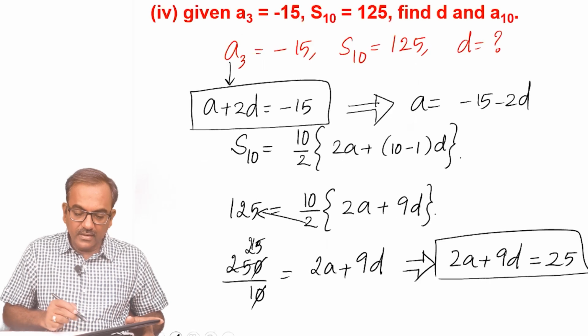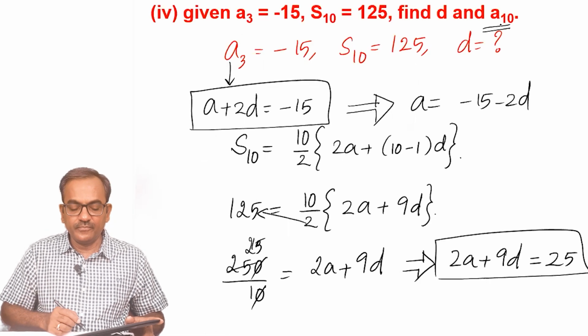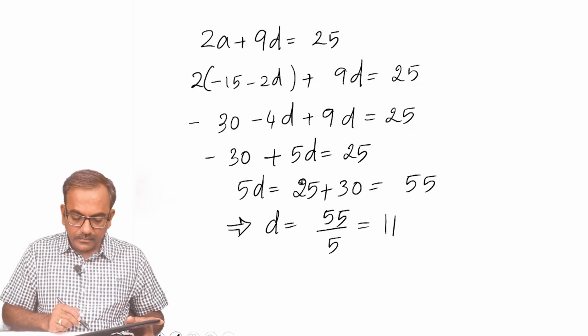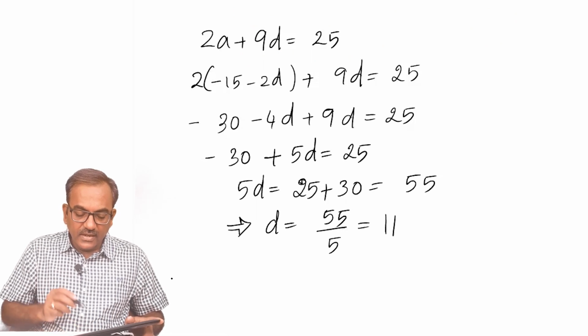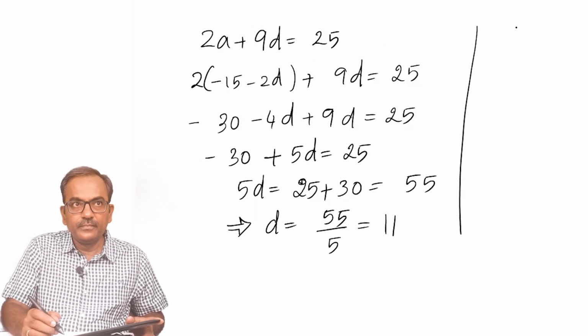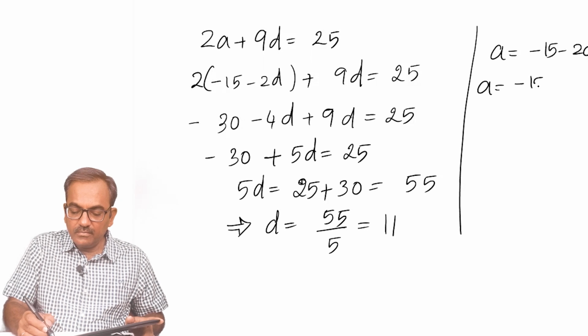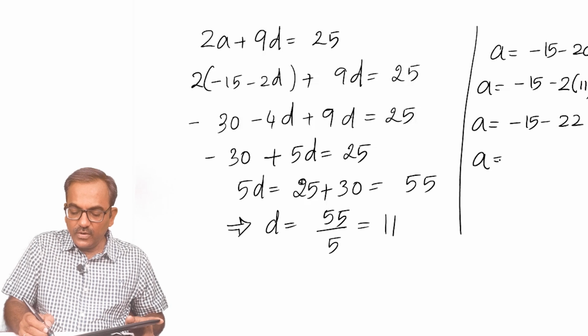So what to determine again? We need to determine the A10. In order to find the A10, you should know the value of A, right? So what is this? A is equal to minus 15 minus 2D. A is equal to minus 15 minus 2 times 11. A is equal to minus 15 minus 22. Therefore, A is equal to minus 37.